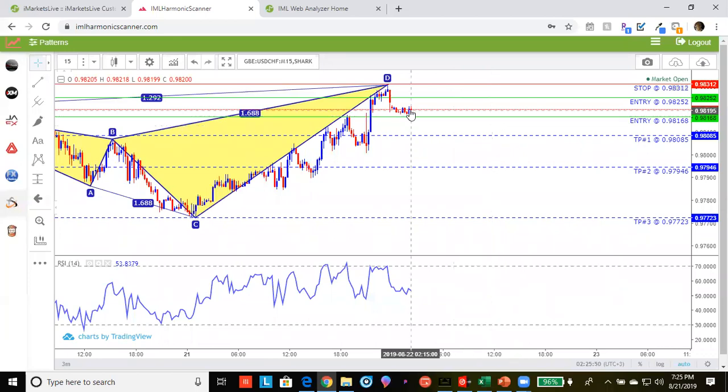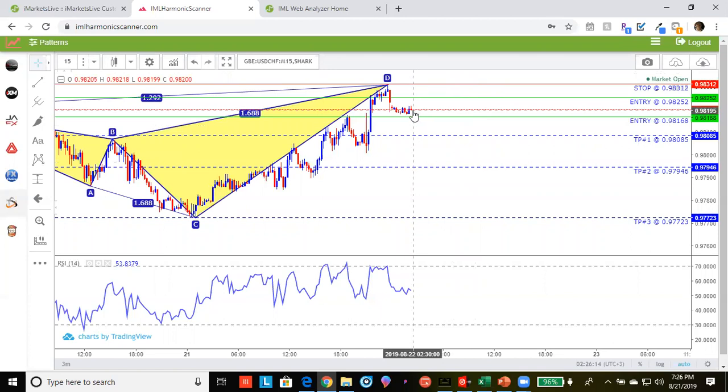Usually, if I was to enter here, I would do a sell stop or sell limit, because it hasn't hit this area yet. Without it hitting this second entry, it could go back up in the other direction and then come back down, or continue in that other direction.